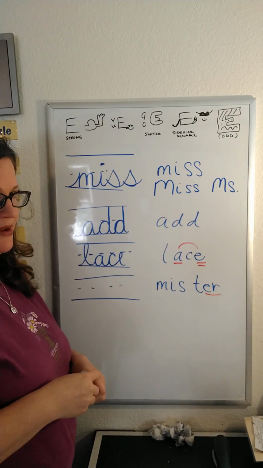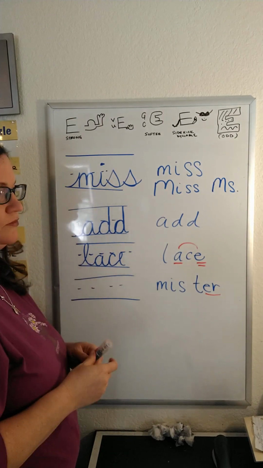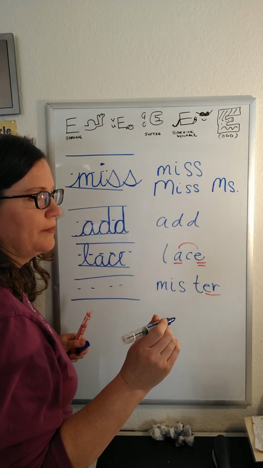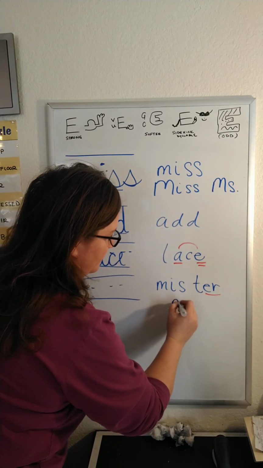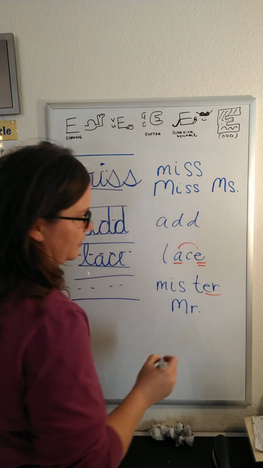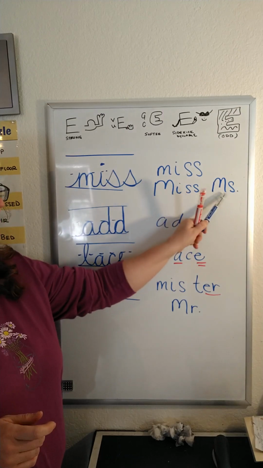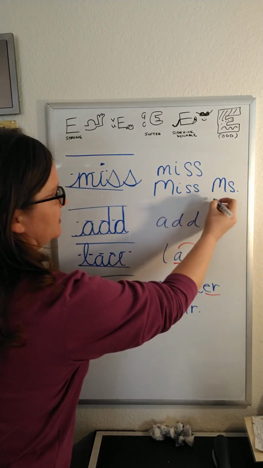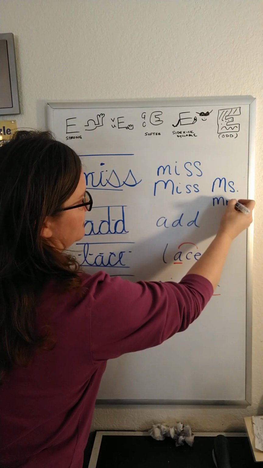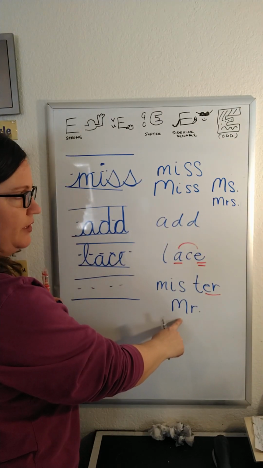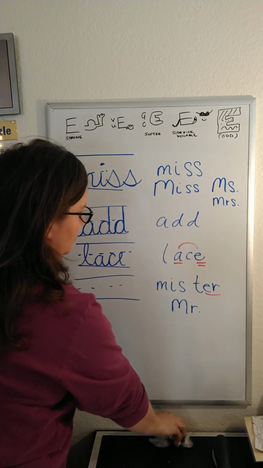How would I abbreviate Mr.? MR period. What kind of M? Capital M. Yep, so we do an M-R period for Mr. This abbreviation, this one changes when you get married, right? From Ms. or Miss to Mrs. Does this one change when the person gets married? No. Okay, so Mr. is always the same.